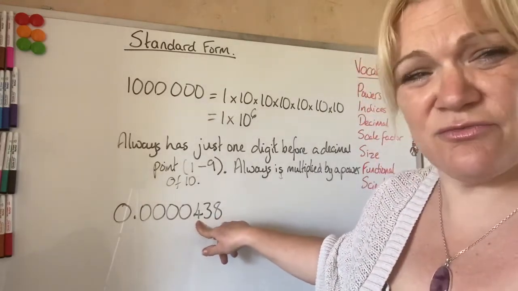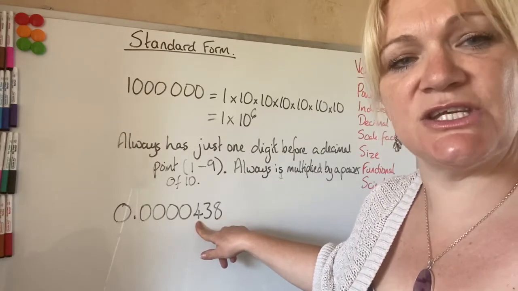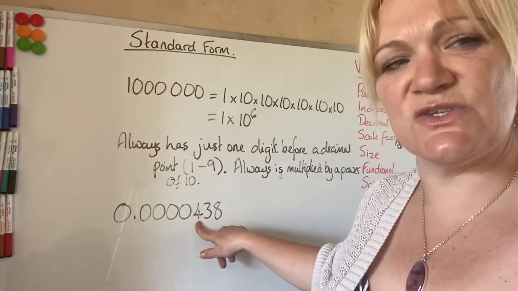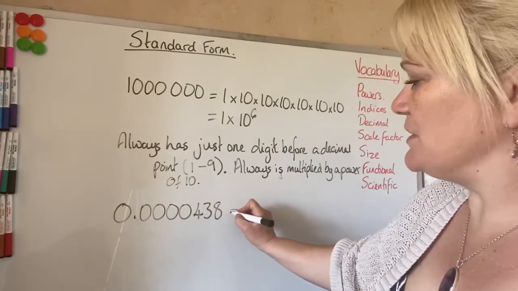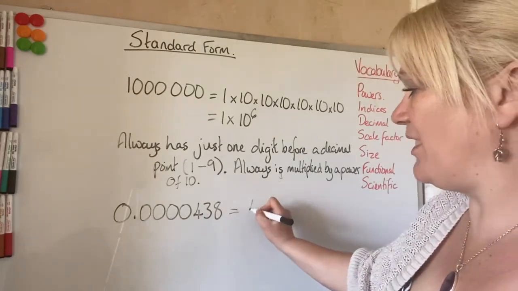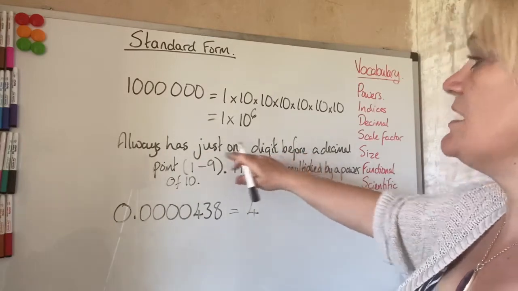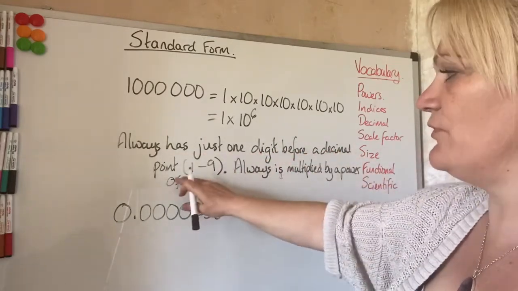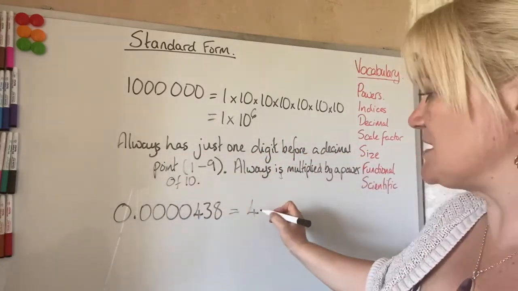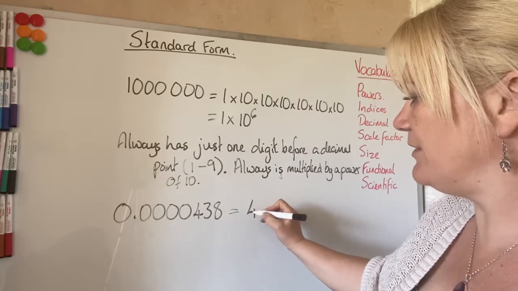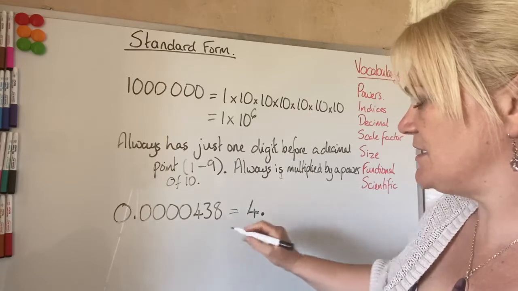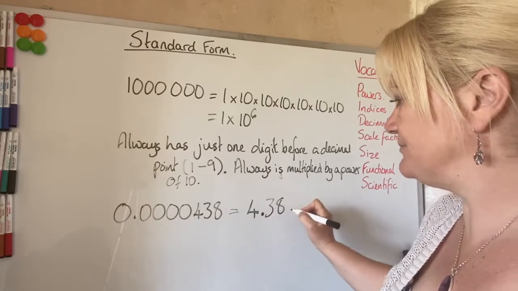My first real number, my first actual digit is in my 100,000ths column. So if I wanted to put this into standard form, I would still follow the same rules. It always has one digit before the decimal point, from 1 to 9. So I'm going to put my 4, my first non-zero number, as my first digit, 4.38.